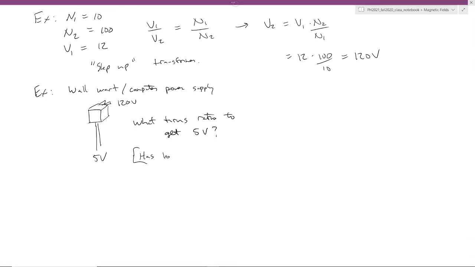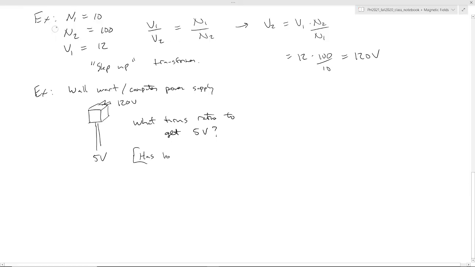Actually, let me put that in red. This only works with AC. And this is part of the reason that AC has become so ubiquitous.